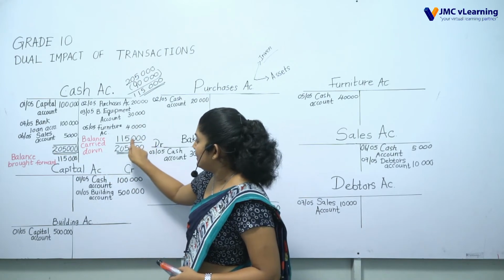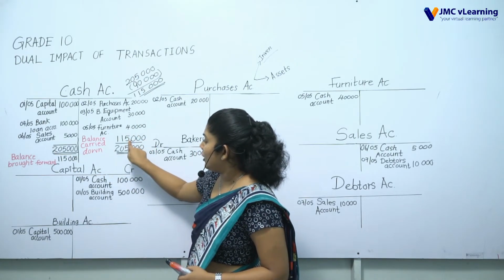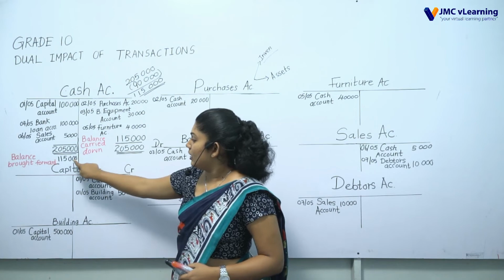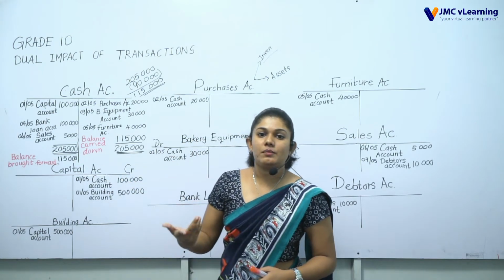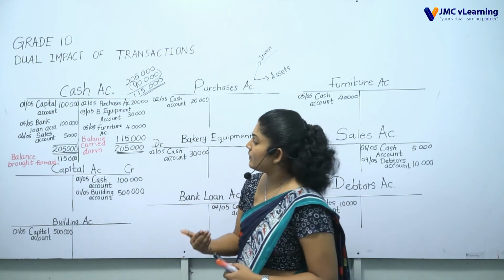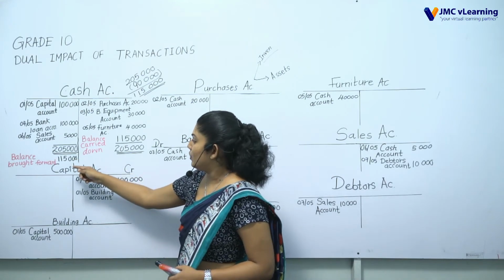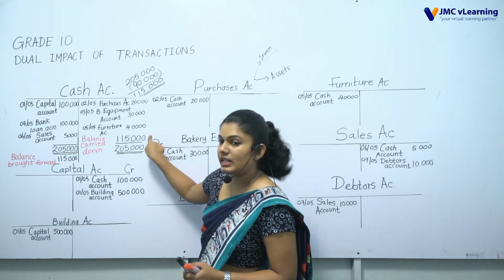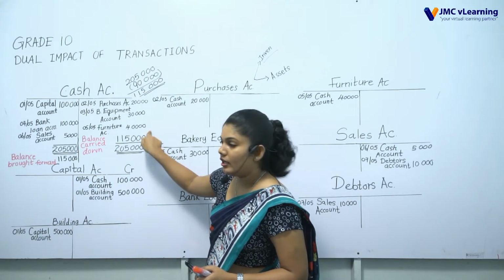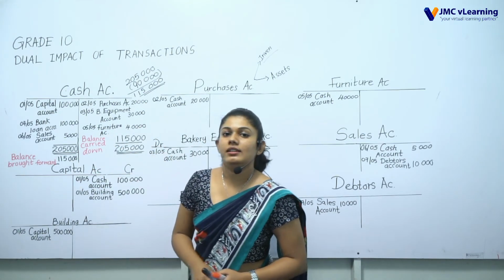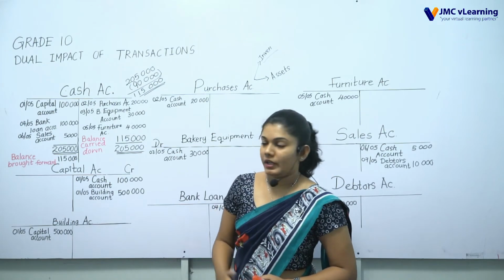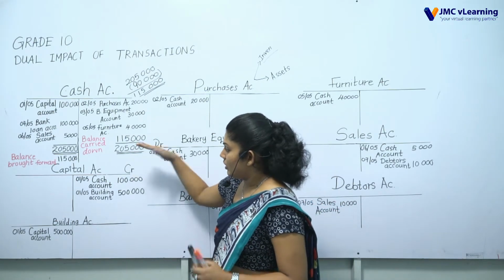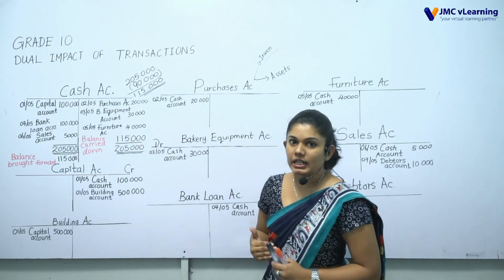We are taking this closing balance to the beginning of the next month, next year. That is why we call balance brought forward and balance carried down. We took the balance from the current accounting period to the next accounting period. So just like this account, we can close all these accounts.